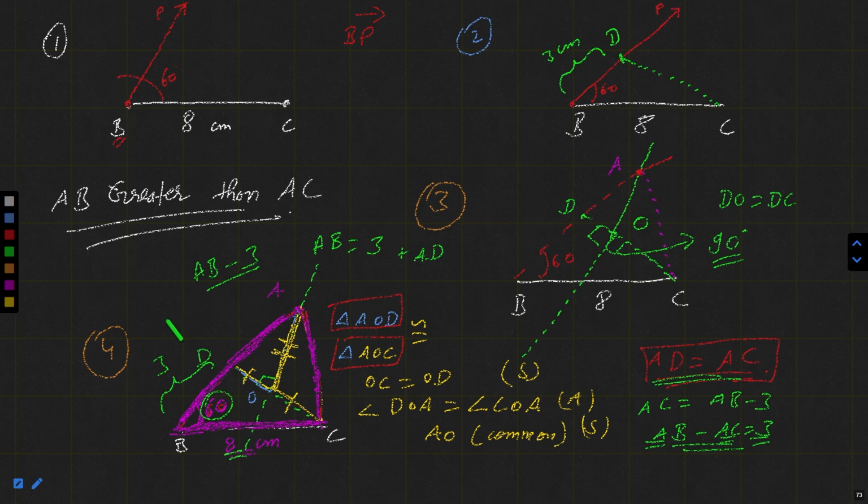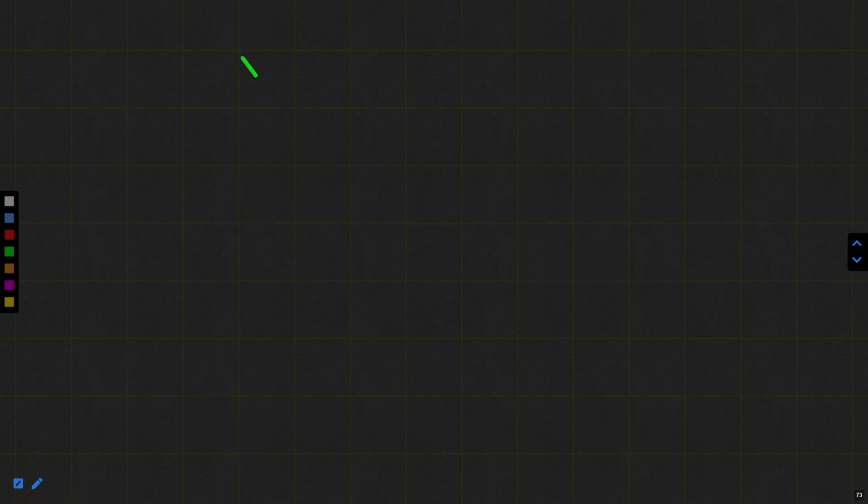Now let's move to the next case. We saw in case 1, AB was greater than AC. Now for case 2, AC is greater than AB.